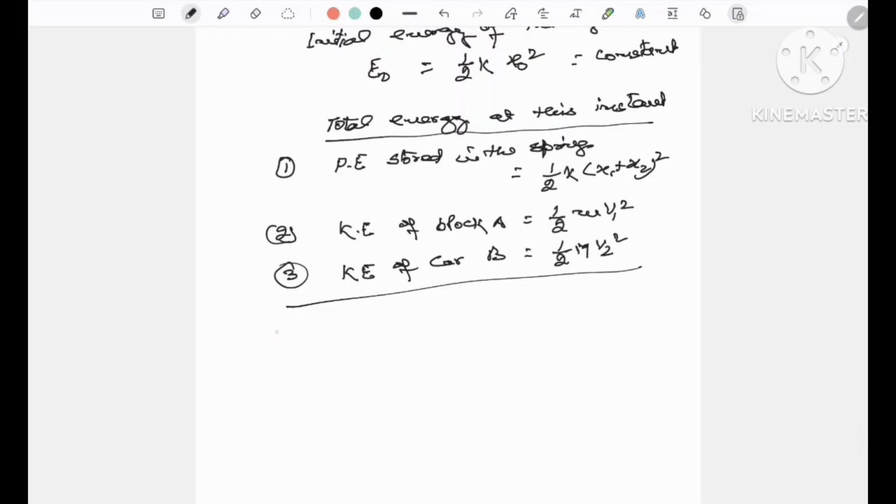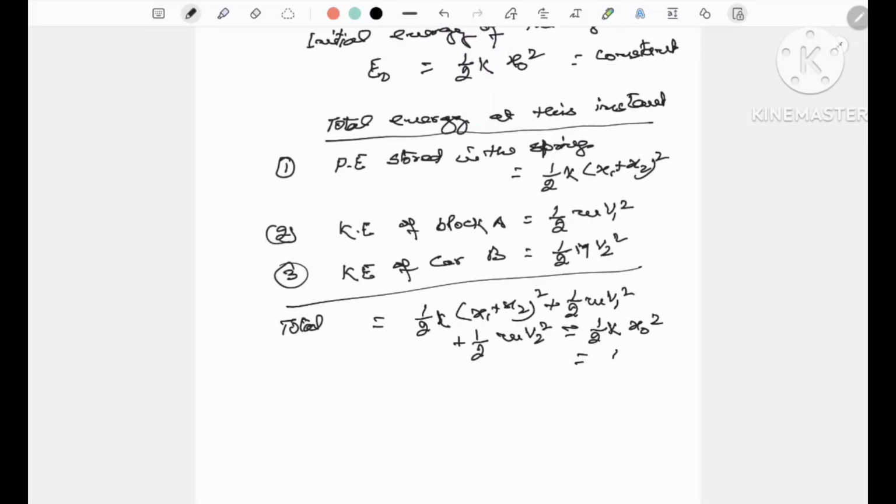Total energy will be half k (x1 plus x2) square plus half m v1 square plus half M v2 square, and this will be equal to half k x dot square, or E dot.